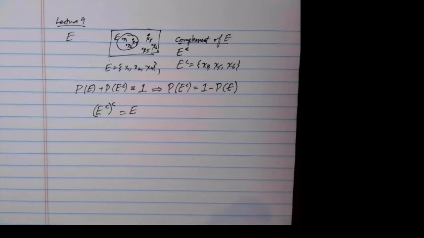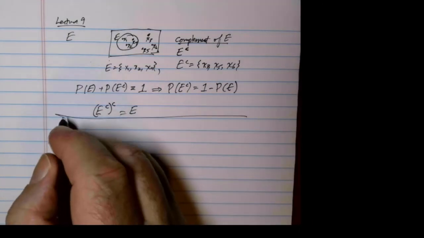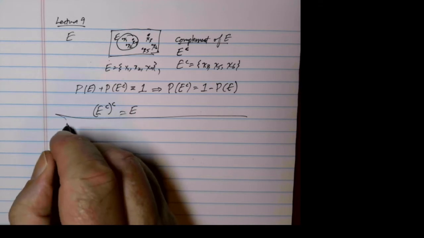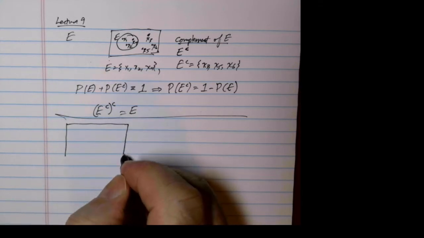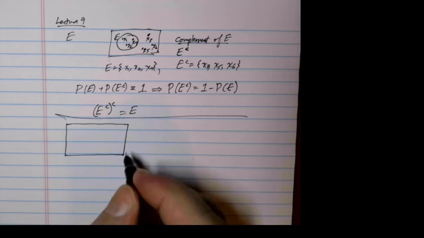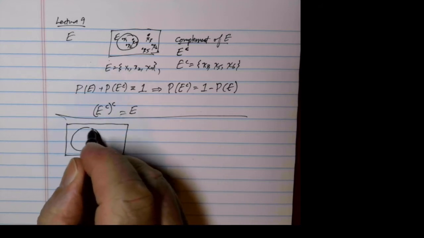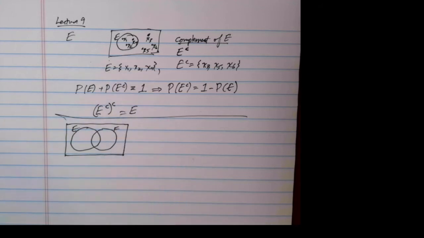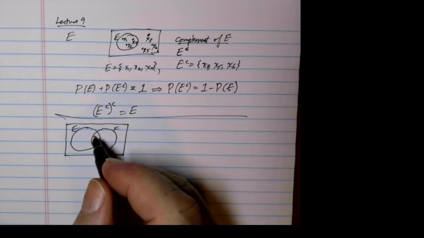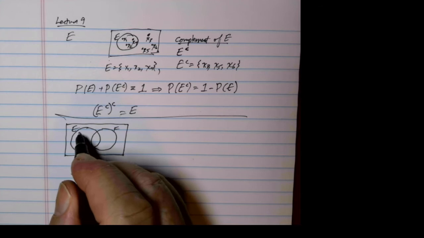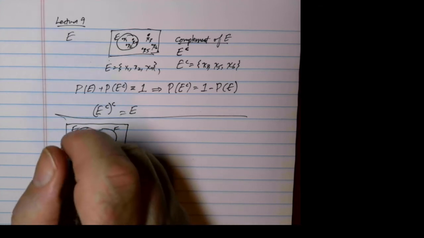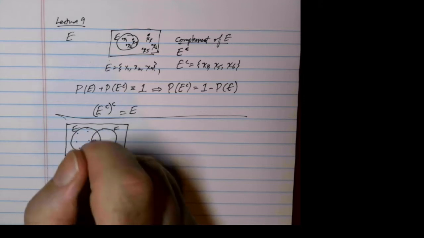Okay, next topic is the intersection of events. Let me draw a picture here. You may be used to the idea of intersection of sets. Here's a little Venn diagram. Let's say this is the event E, and this is the event F. This little area in the middle here, remember, the circle represents E, it contains all the points inside the circle.